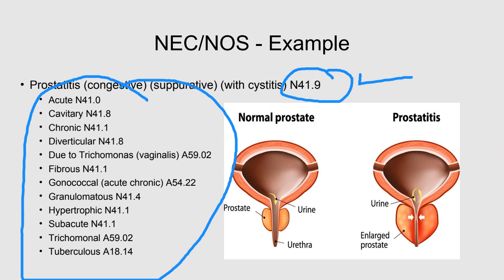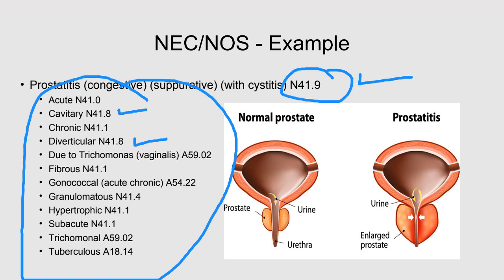Now notice that the subterms diverticular and cavitary are listed in the alphabetic index, and both refer you to the same code, N41.8, right there and right there. If you go to the tabular list, you'll see that N41.8 is entitled Other Inflammatory Diseases of the Prostate.